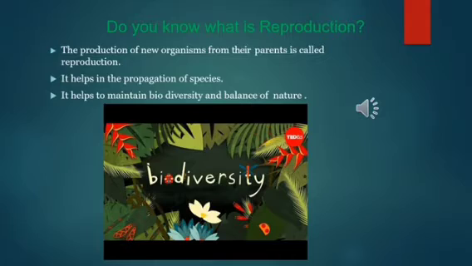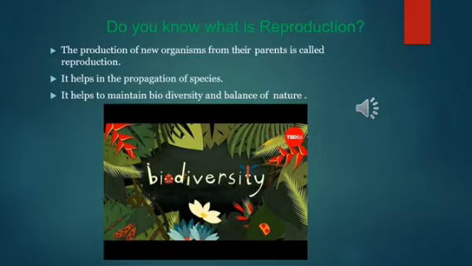Now what do we mean by the word biodiversity? Can you see the word there, biodiversity? It refers to all the variety of life that can be found on the earth. It could be plants, animals, fungi, microorganisms, etc. So all this forms the biodiversity.